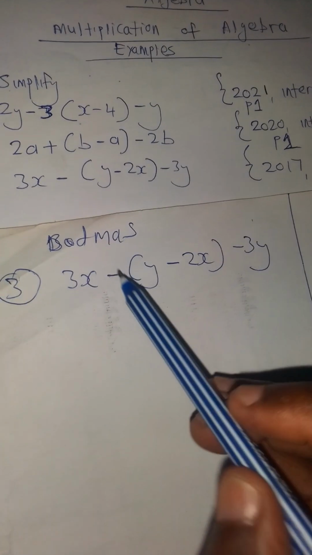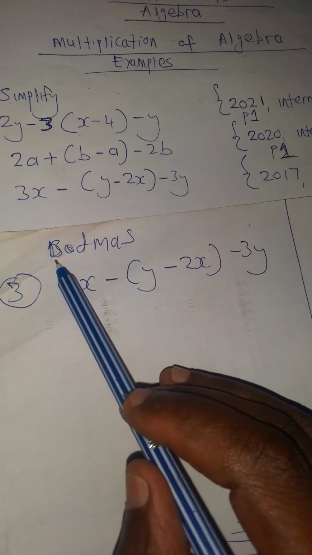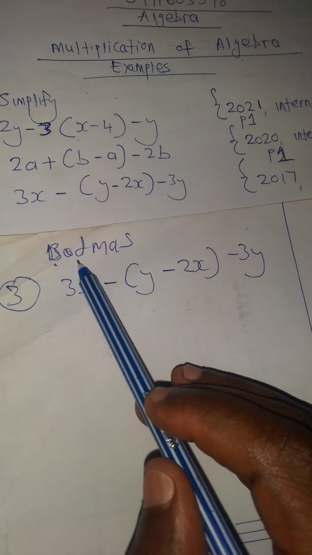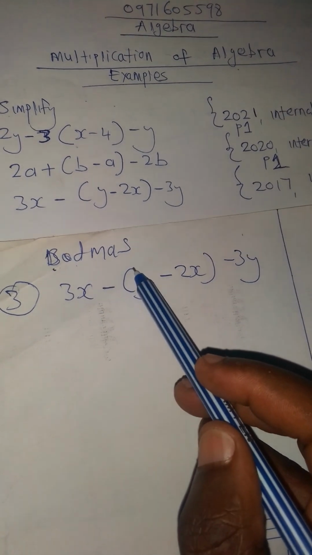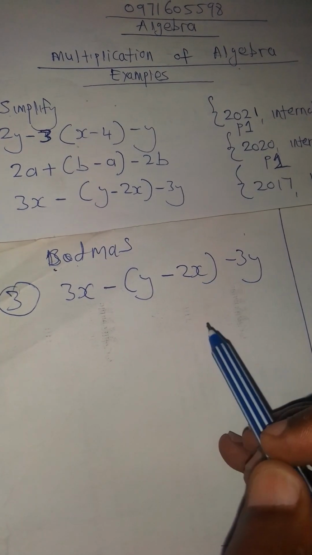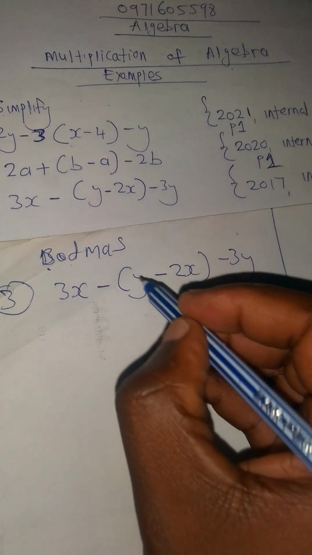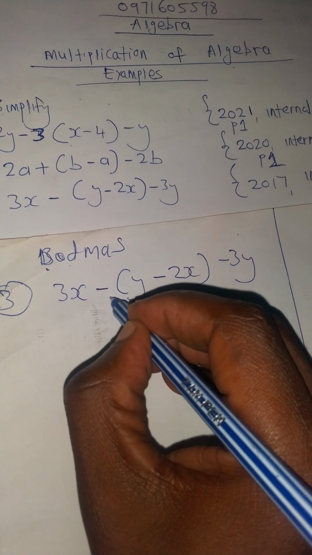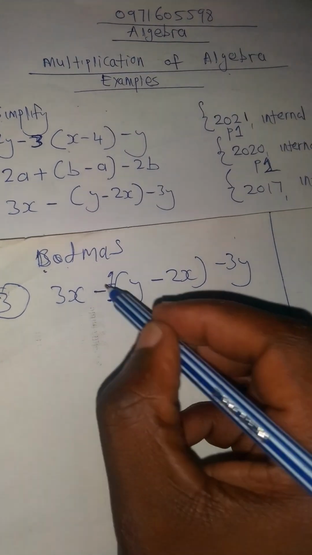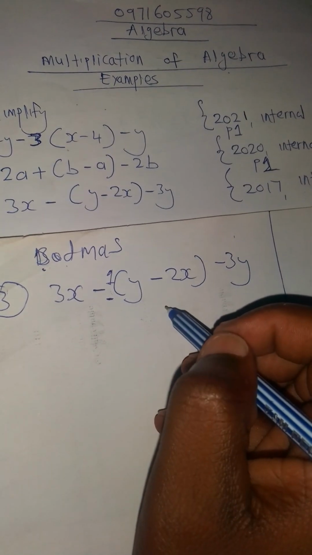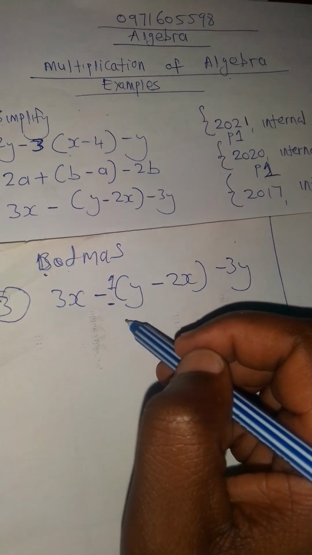So this BODMAS states bracket, division, multiplication, addition, and subtraction. So if you can notice, what comes first is the bracket. So remember, if here there is no number, you treat it as if there is what? 1, because 1 will not change anything. That's why we put 1 there.